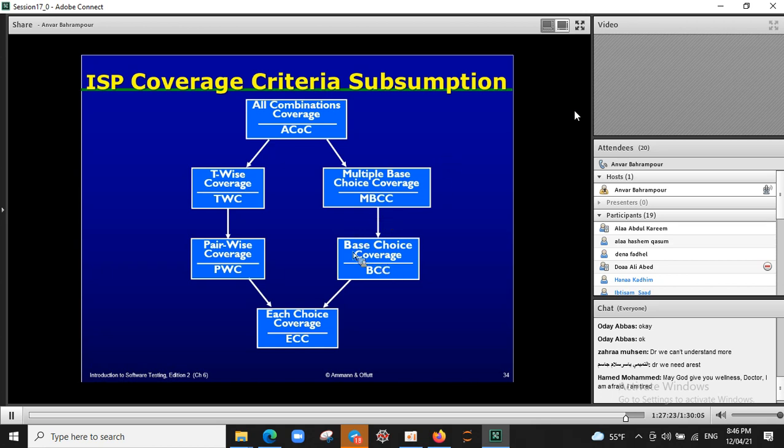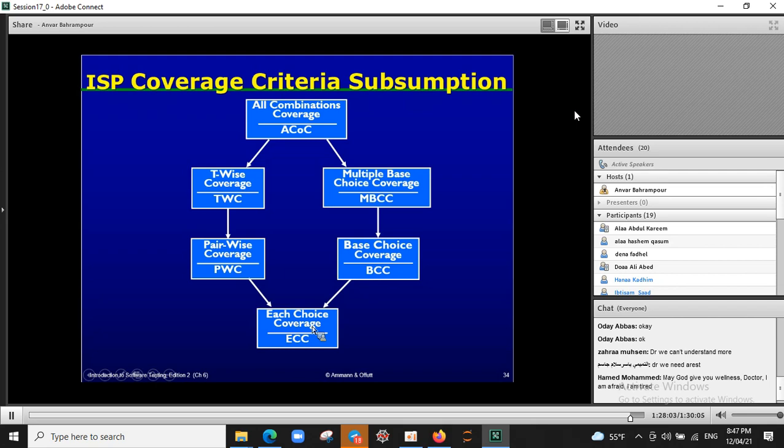We could use base choice or multiple base choice coverage criteria as explained before, and the subsumption relation among these coverage criteria is trivial, because you know that t-wise is an extension of pairwise and multiple base choice is an extension of base choice, and you know that base choice subsumes each choice, and this is the same for pairwise with each choice.